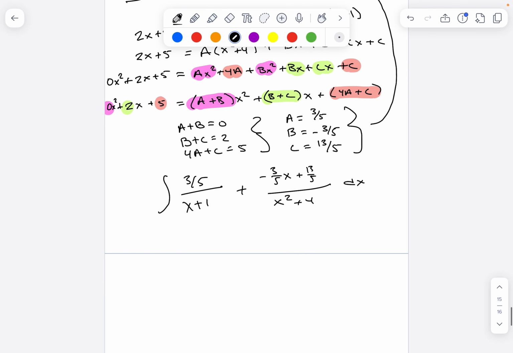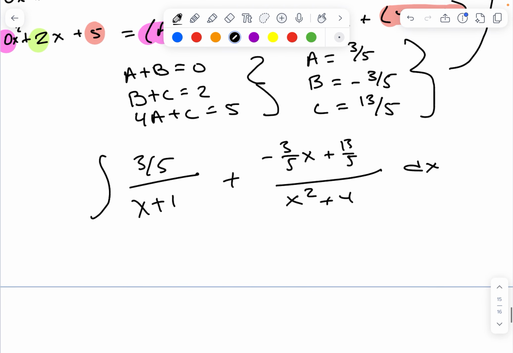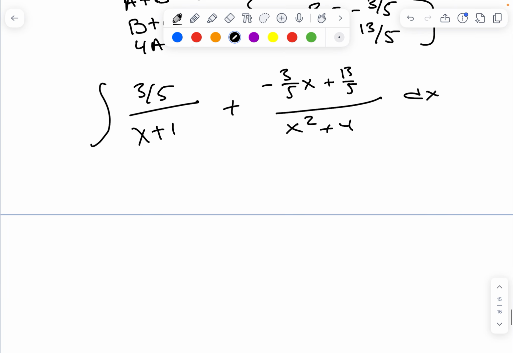Now, this may still seem slightly complicated, but we can continue working with this as needed. What can we do? We can split this into 3 integrals.